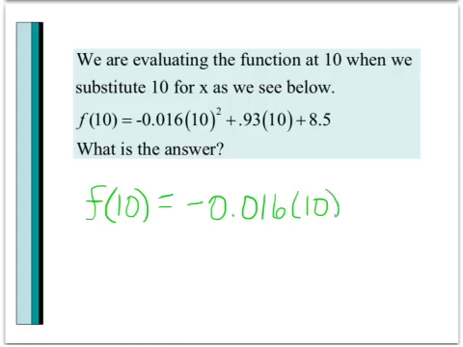So anytime that you see those, I generally write out my equation, but I put parentheses wherever the x's are. And then I write out everything else just the way it looks in the equation. And then I go back and substitute in whatever number I was supposed to. In this case, it's the 10. And this is a good opportunity for you to try out a scientific calculator. It will have your exponents on there, and it will do order of operations. So it can make some quick work of this type of problem here.